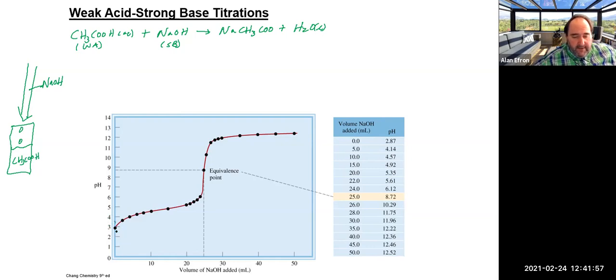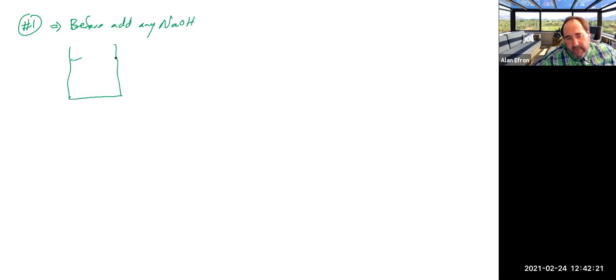Let's talk about what happens at the very beginning, just like we did before we add any sodium hydroxide. What do we have in that beaker if we want to figure out the pH?